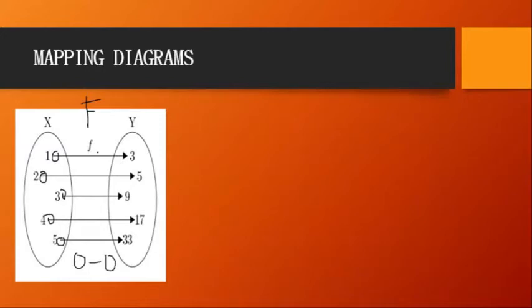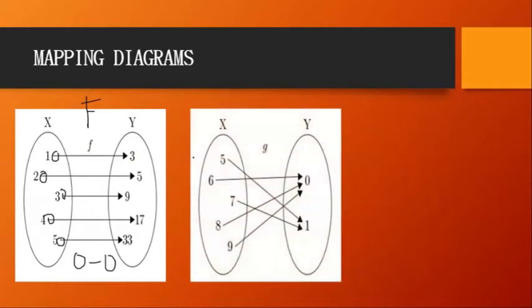Ibig sabihin, yung x natin, meron siyang unique na value ng y. Okay? Kumbaga, hindi pa tayo nagkakaroon ng 2 arrows dyan. 1 arrow per value. Okay? This is an easy one. Ito yung pinakamadaling type sa lahat ng mapping diagrams. And then, another example naman for our function g.